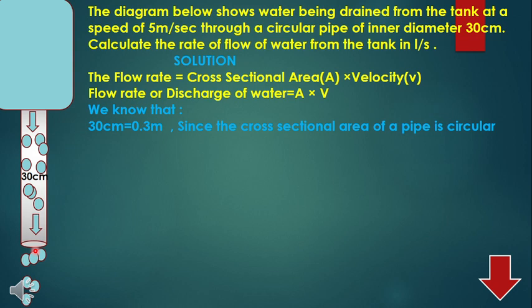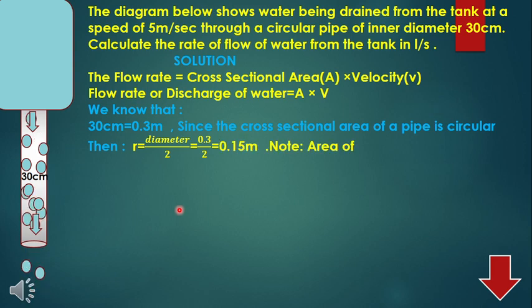Since we have been given the diameter, we divide the diameter by 2 to find the radius, because the radius is simply half of the diameter. Radius is equal to diameter divided by 2. Our diameter is 0.3; dividing that by 2, we have 0.15 meters.